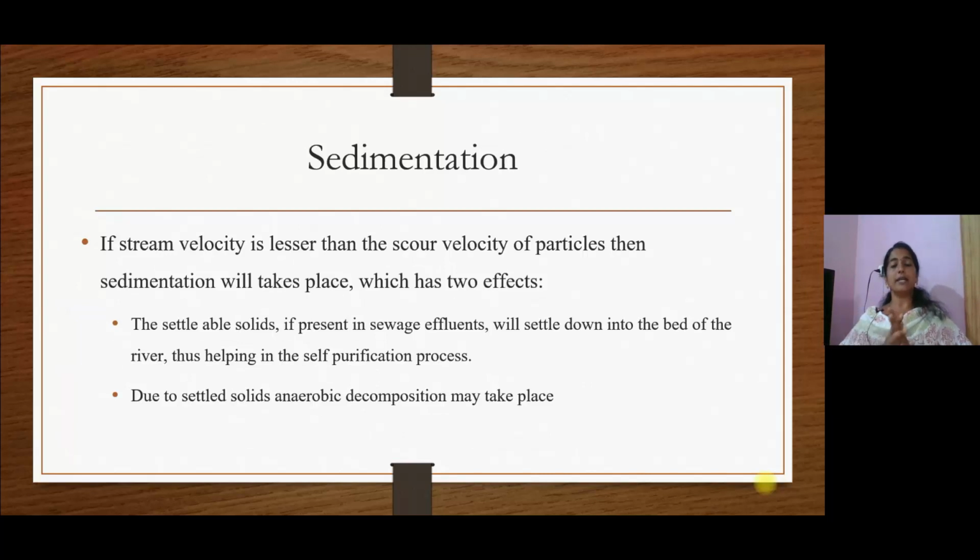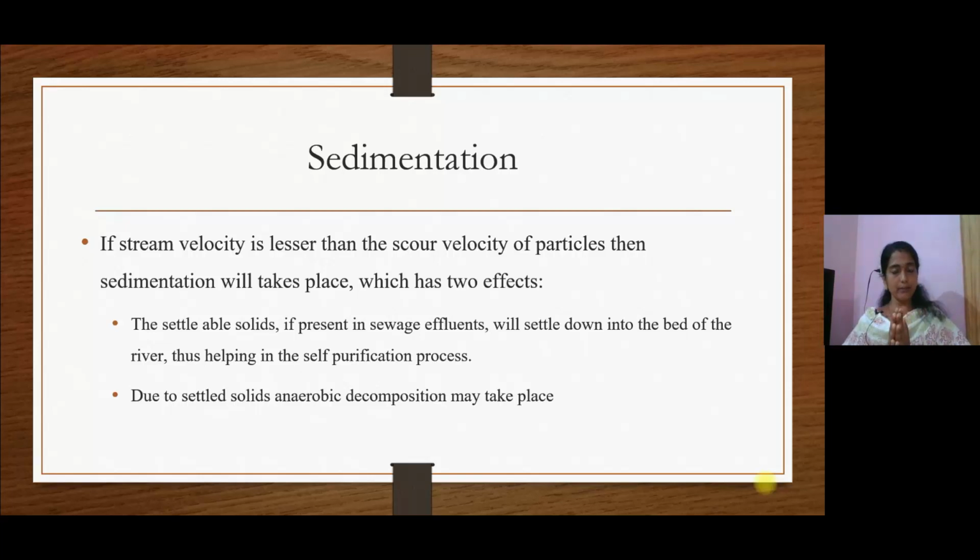Then the sedimentation. Third process is sedimentation. If stream velocity is less than the scour velocity of particles, then sedimentation will take place, which has two effects.